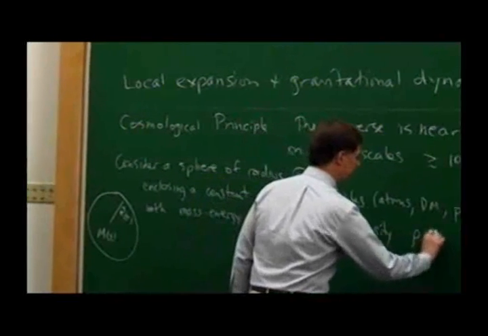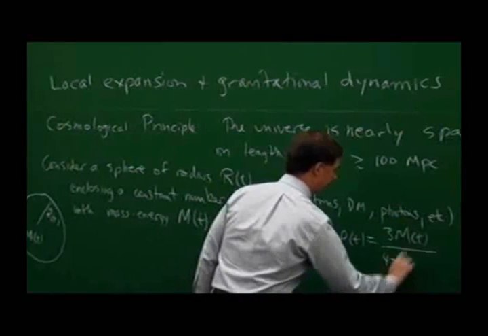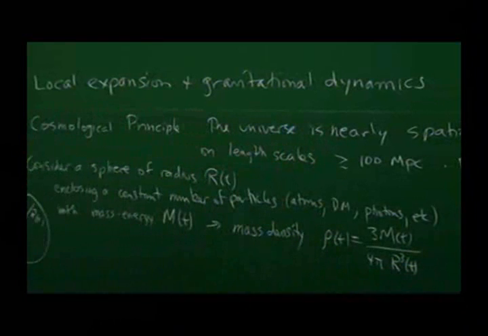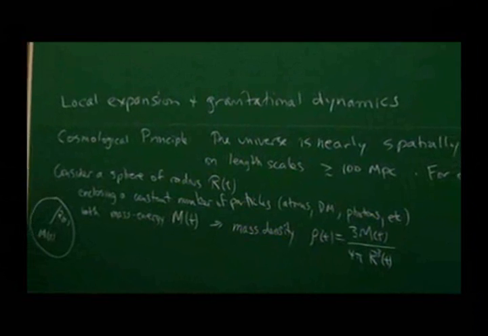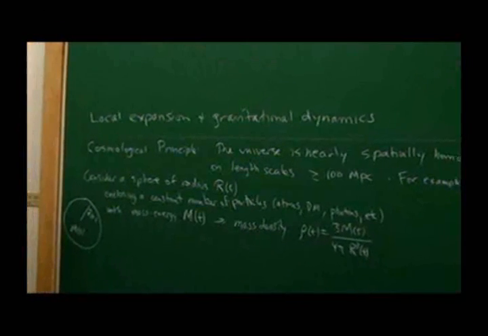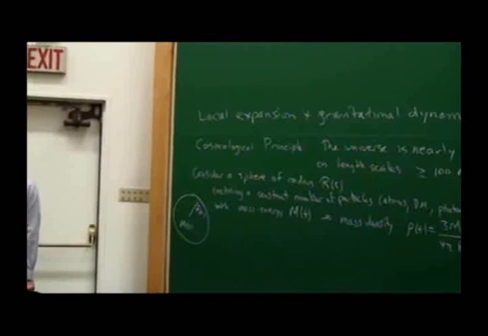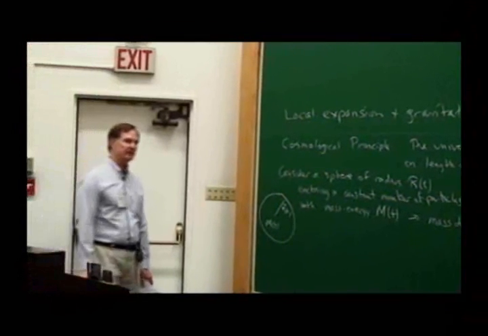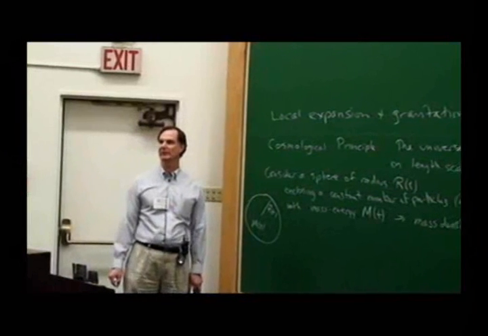Rho of t is just the mass divided by the volume. And you will notice here that I am making an assumption. I'm assuming Euclidean geometry for computing volumes. In general relativity, space can be curved. In cosmology, space can be curved over distance scales of hundreds of megaparsecs or much larger.